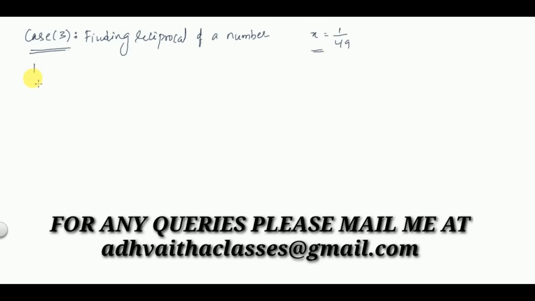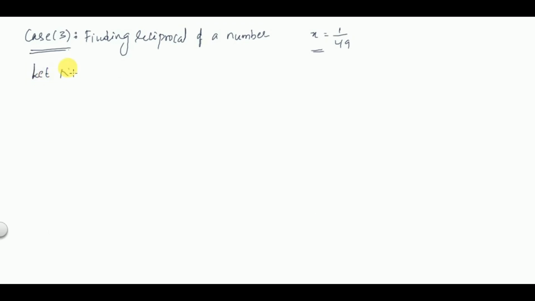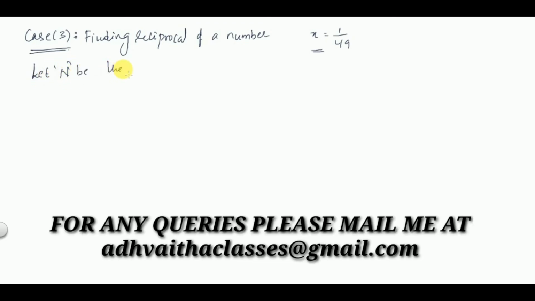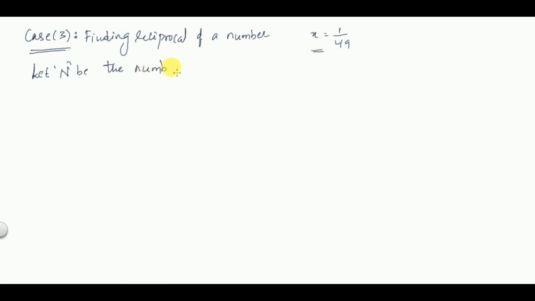Okay, so let n be the number for which we want to find the reciprocal, and x be its reciprocal, that is x is equal to 1 by n, or we also can write n is equal to 1 by x.